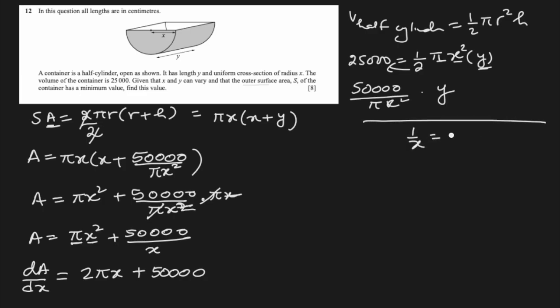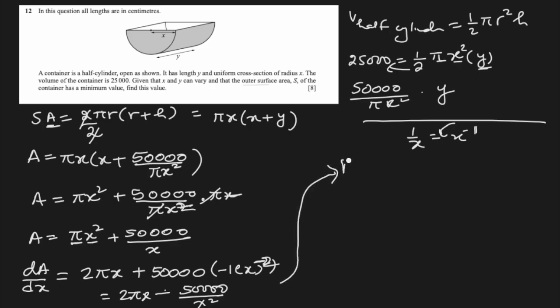We can write 1 over x as x to the power minus 1, and when we differentiate, minus 1 comes in front, and the exponent goes down by 1, so it becomes minus 2. So basically it becomes 2 pi x minus 50,000 over x square. Over x square, because it's a negative, I made it the denominator.